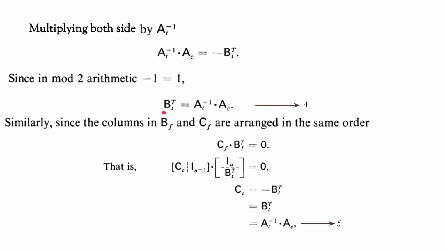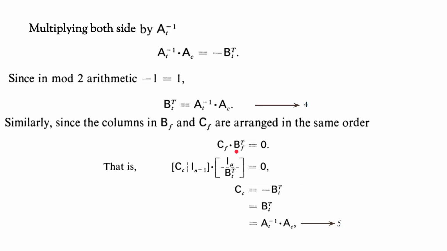Then similarly, since the columns in BF and CF are arranged in the same order, as we saw before, we can apply these steps here and get CF dot BF transpose equals 0 by applying the property of mod 2 arithmetic, that is AB transpose equals BA transpose equals 0. Substituting the values of CF and BF, we get [Cc I_(n-1)] dot [I_mu Bt] transpose, taking the transpose inside, equals 0, and then Cc equals minus Bt transpose.